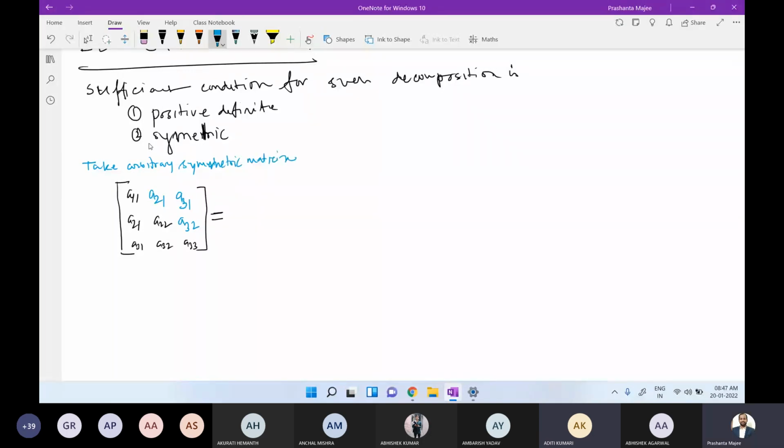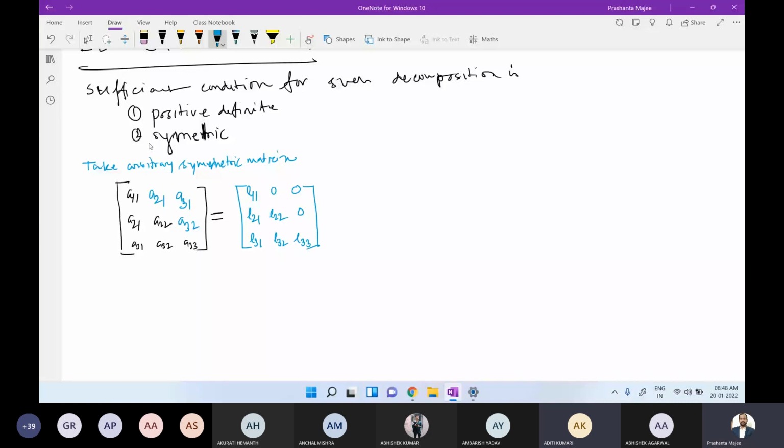I have taken an arbitrary symmetric matrix of order 3 cross 3. Okay, so now what we want to do is decompose it in the form of L into L transpose. So L is L11, 0, 0, L21, L22, 0, L31, L32, L33 into L transpose.